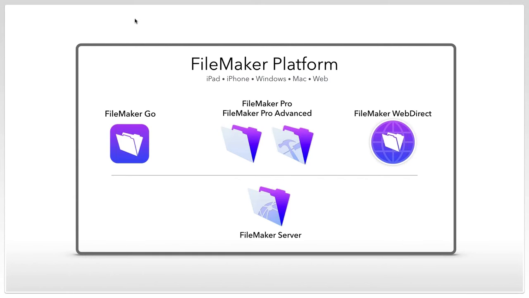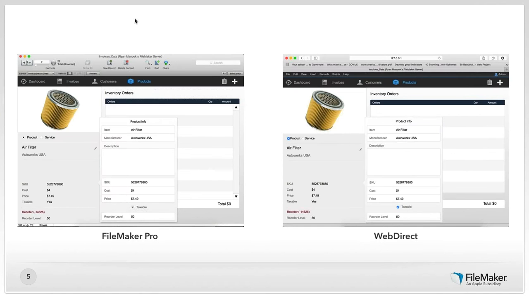We've got FileMaker Pro and Pro Advanced in the middle there. They are the tools that you can build, manage, and actually use as users on the desktop, on the Mac and the PC, to build and, like I say, use your custom app. And on the right-hand side, we have FileMaker WebDirect, which is a product, but actually comes from the server. So it's your FileMaker solution, your FileMaker custom app, in the browser.